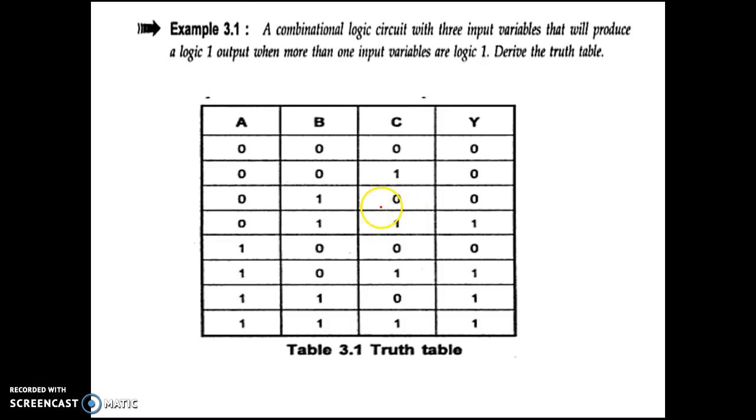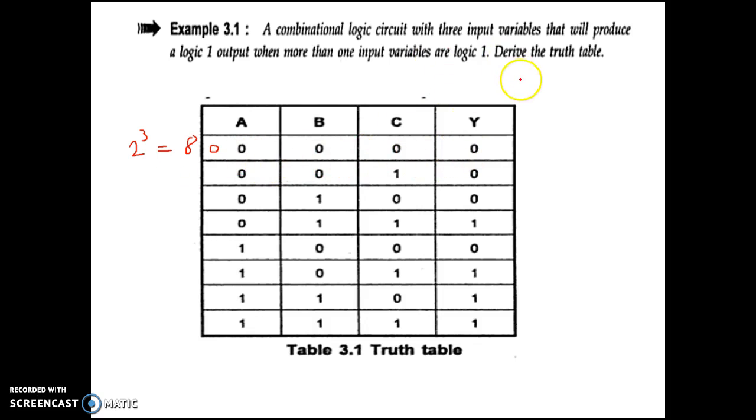Let's have an example. A combinational logic circuit with 3 input variables that will produce a logic 1 output when more than one input variable is 1. So let's say the 3 input variables, so 2 raised to 3 gives you 8 possible combinations. Combination 1, the 0th position, is 0, 0, 0.